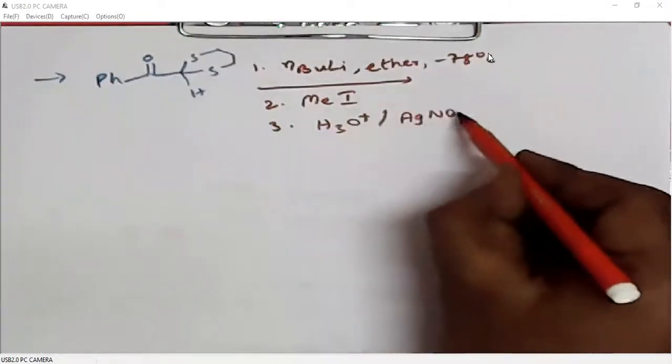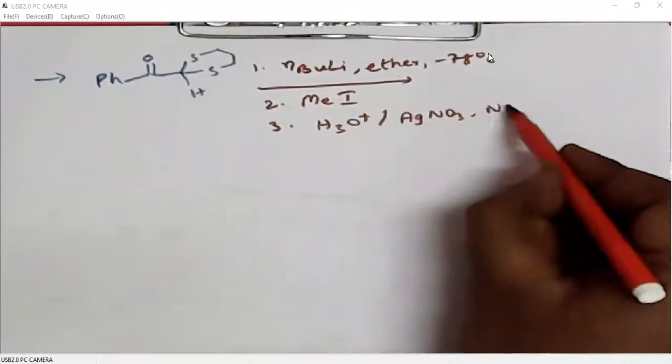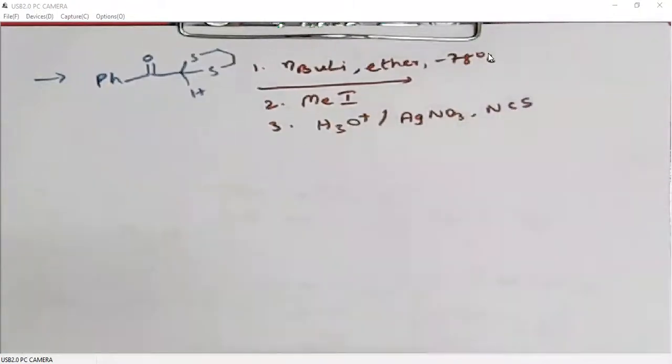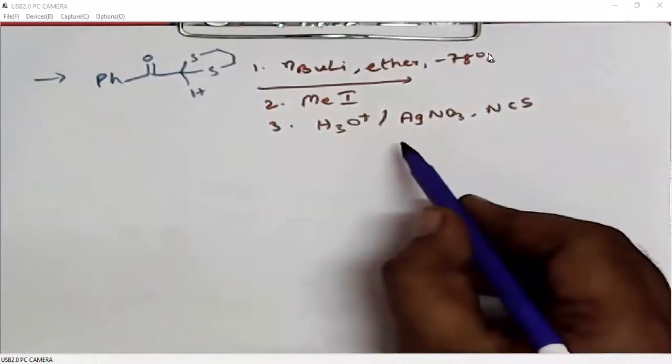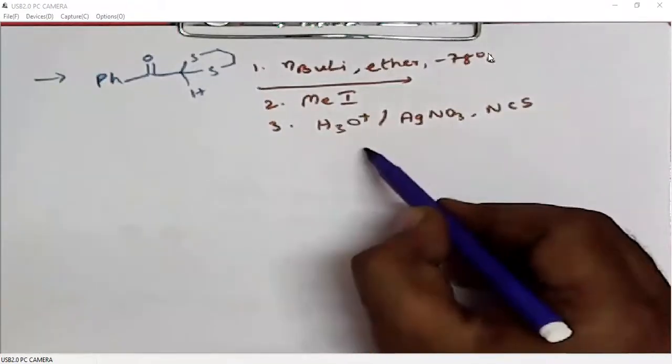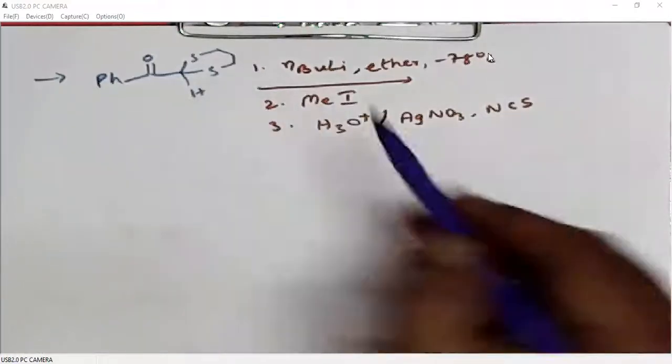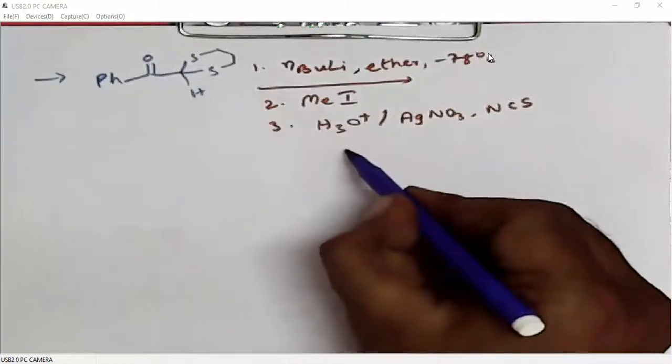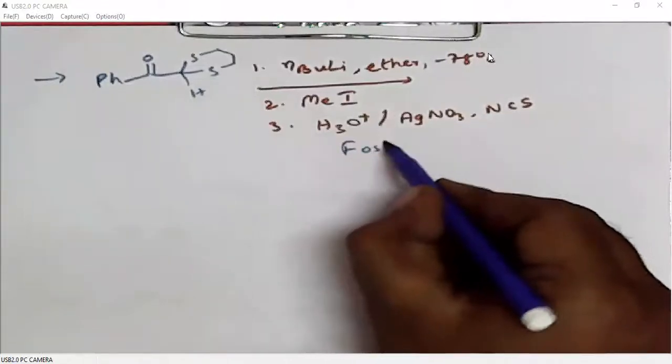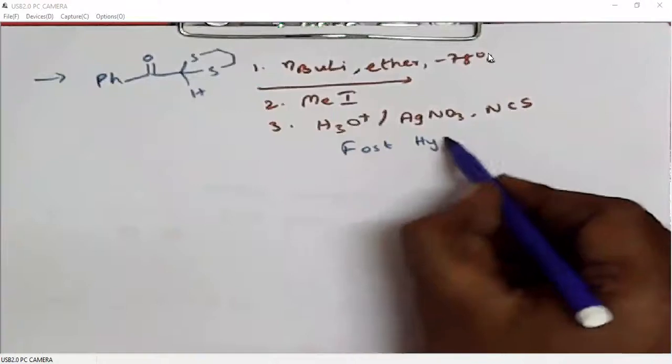Of course, there were many methods which were discussed during oxidations. I'll give the new method. This hydrolysis of dithiane to carbonyl using silver nitrate and NCS is called fast hydrolysis.